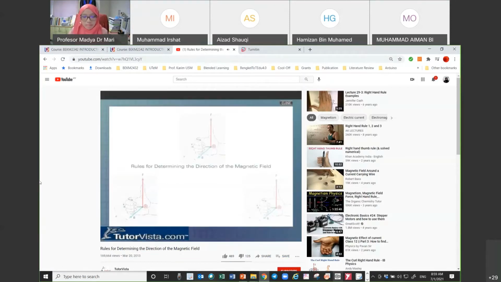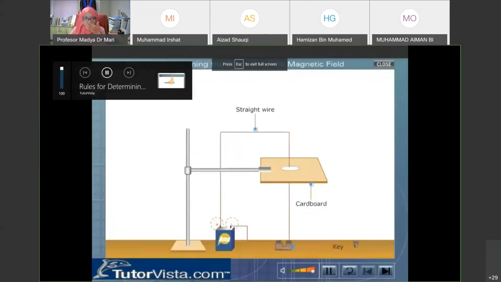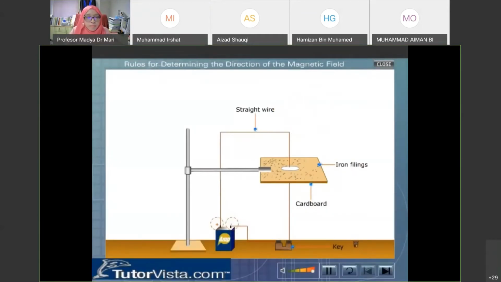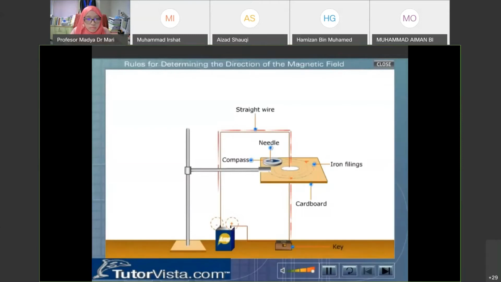Rules for determining the direction of the magnetic field. Observe the direction of the compass needle when the current is passing through a straight wire carrying current. Now observe the direction of the compass needle when the current is reversed.